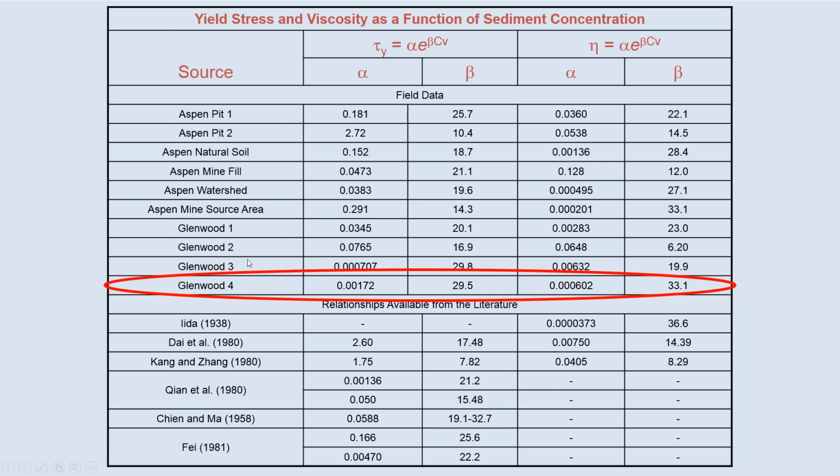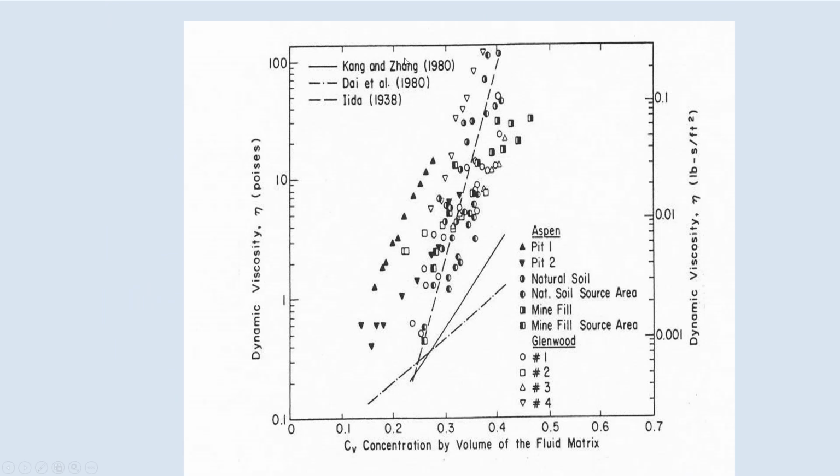All of these different researchers use the same relationship. And if you plot these where you have viscosity as a function of concentration, then you have these different plots here where each one of these points represents a fairly significant number of data points, because each one is based on a concentration.